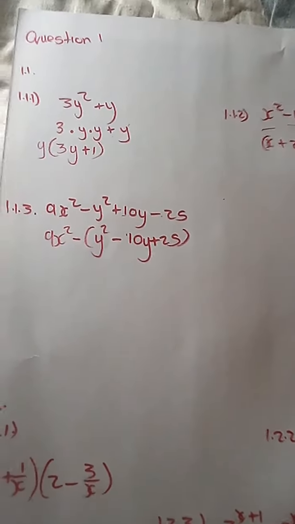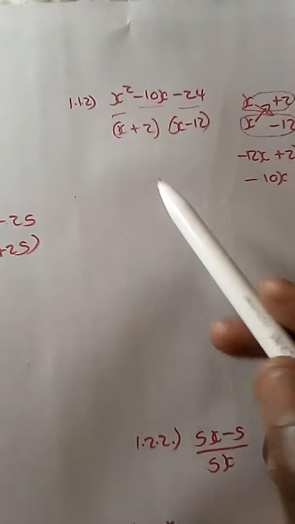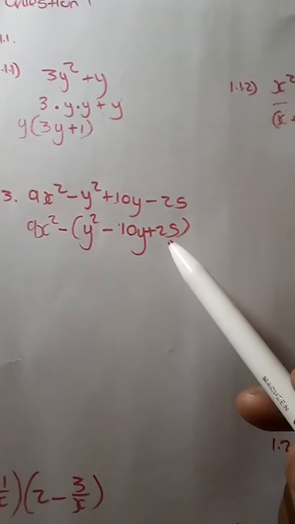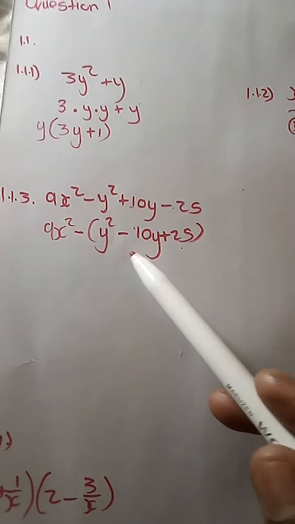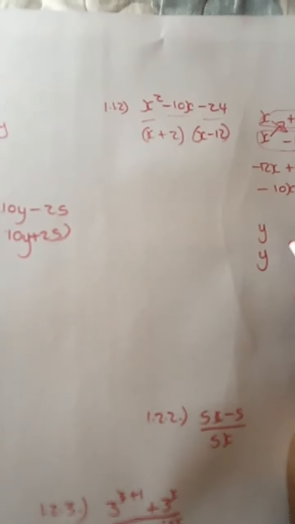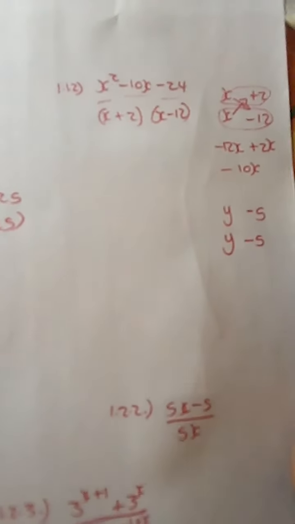So now we are there. Now we have to factorize this, just like what we did over here. We're going to look for the factors of y squared and positive 25 that give us negative 10y. For y squared, we have y and y. And for positive 25, we have negative 5 and negative 5.